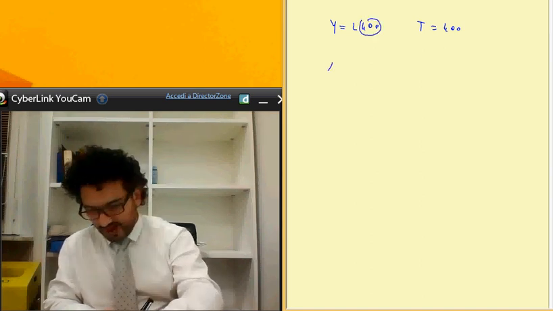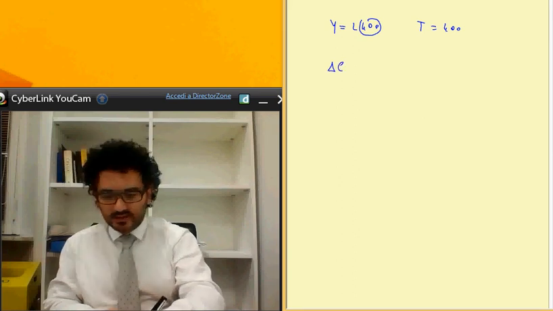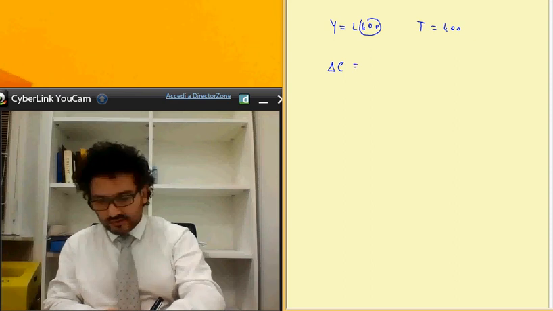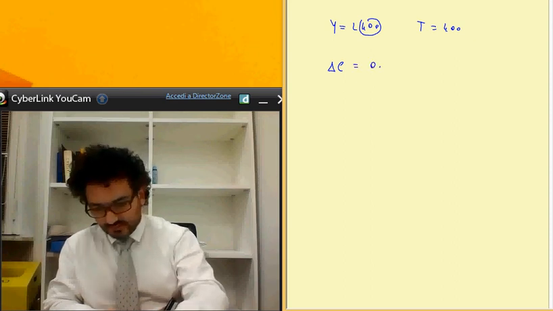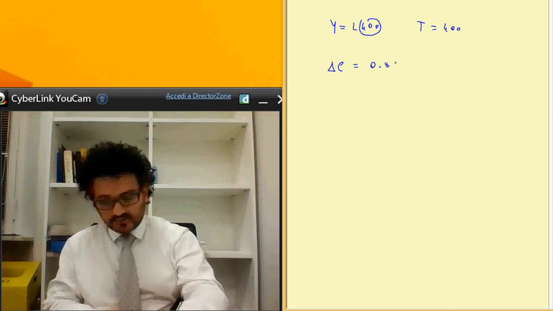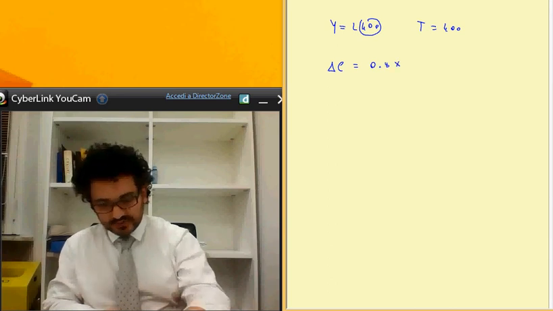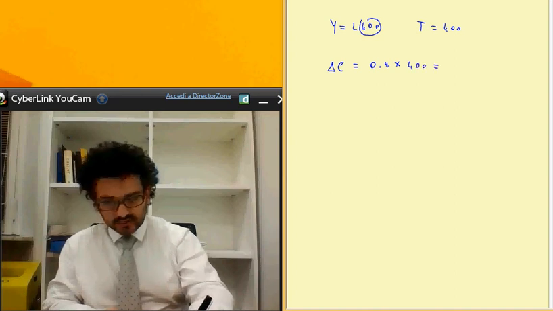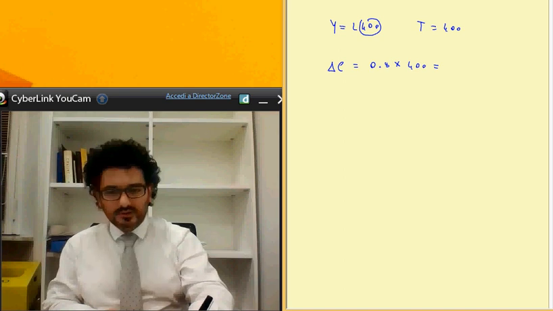So we can denote the increase in consumption by delta C, which will be equal to the propensity to consume 0.8, which multiplies the increase in disposable income, which is equal to 400. So in this case we should have, according to our theoretical hypothesis on consumption, an increase in consumption equal to 320.